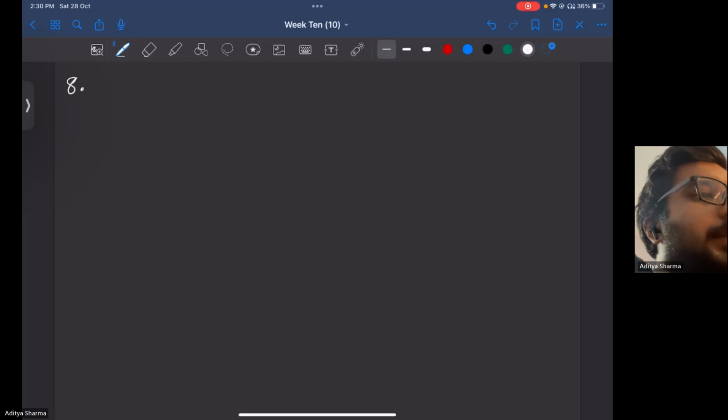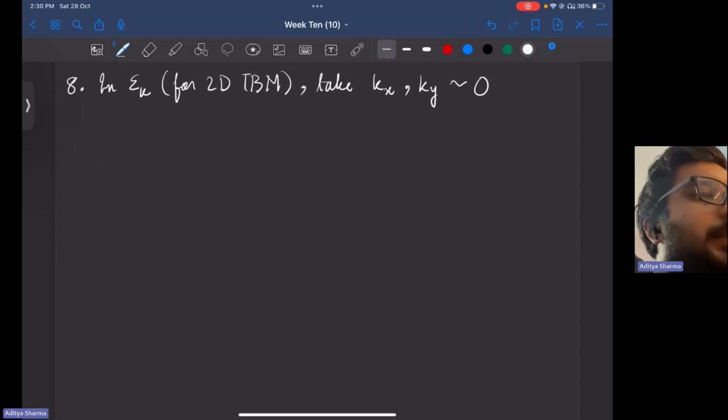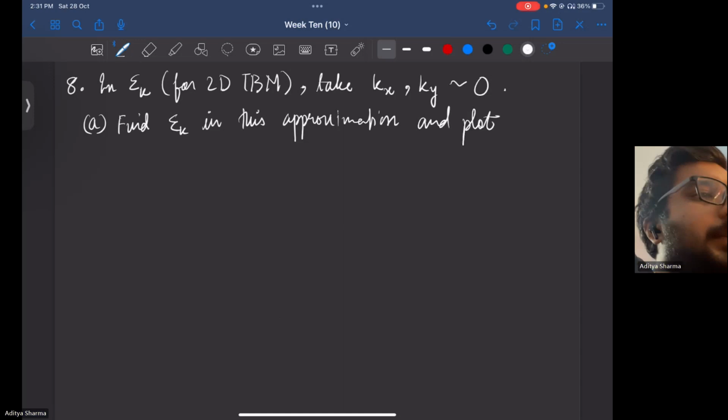In the 2D tight binding model E_k, take kx, ky nearly equal to 0, and using this, find the energy in this approximation and plot the contours in kx, ky in this approximation.